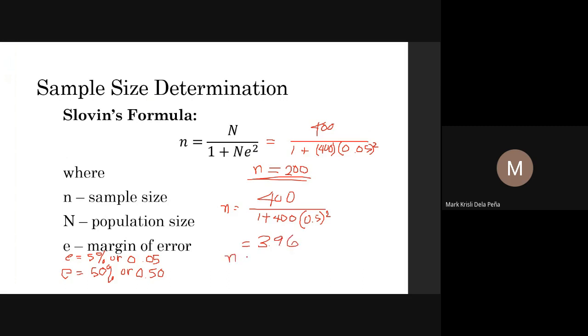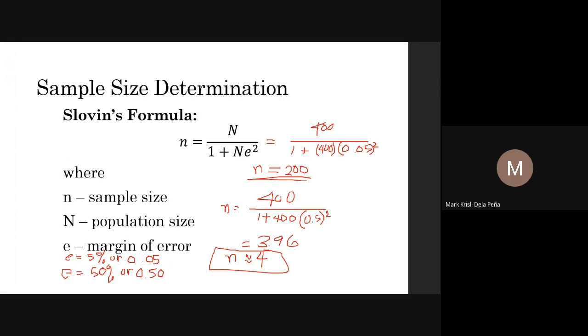So n here is approximately 4, since we don't have 0.96 of a person. That's only 4 individuals to be our respondents at a 50% margin of error. But take note that 50% is a very large error, so you have to get a smaller error, probably 10% or 7% or 5%.